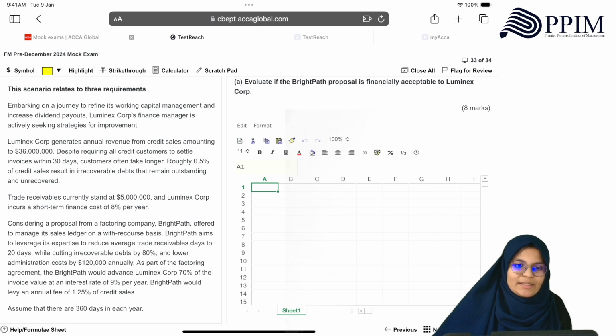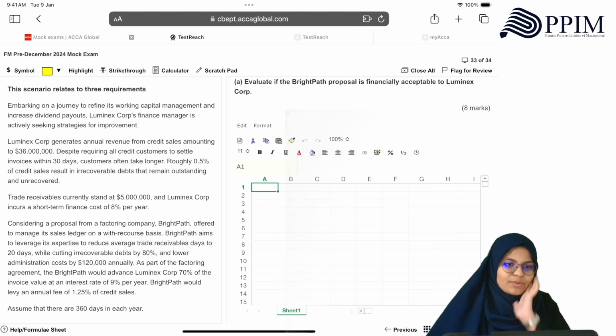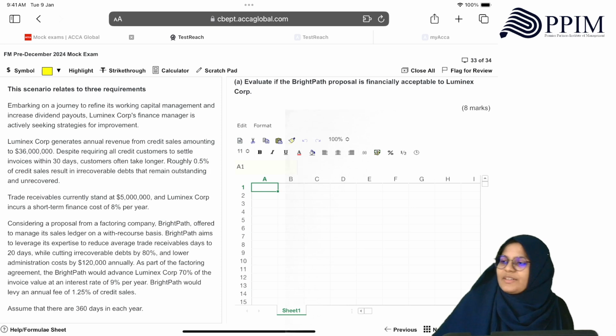So their revenue is 36 million. Despite requiring all credit customers to settle invoices within 30 days, customers often take longer. Roughly 0.5% of credit sales result in irrecoverable debts that remain outstanding and unrecovered. Then they're saying trade receivables currently stand at 5 million and Luminex Corp incurs a short-term finance cost of 8% per year. So if the receivables is 5 million, until the receivables pay me, I have to take a loan of 5 million and pay 8% on that loan.